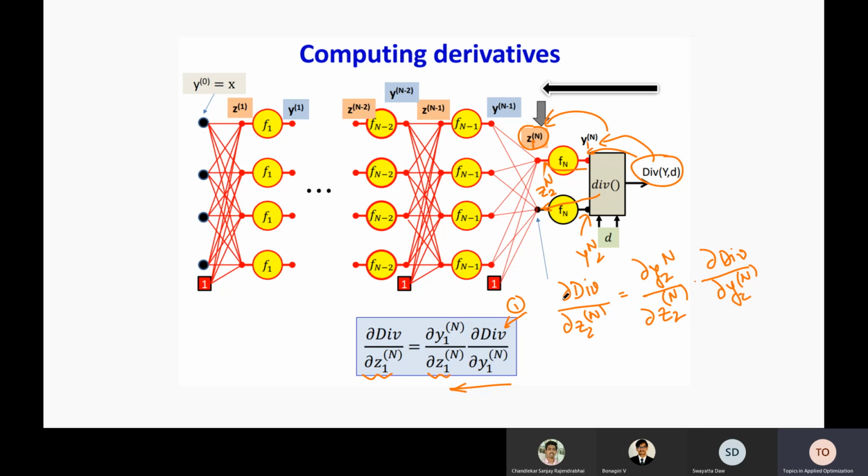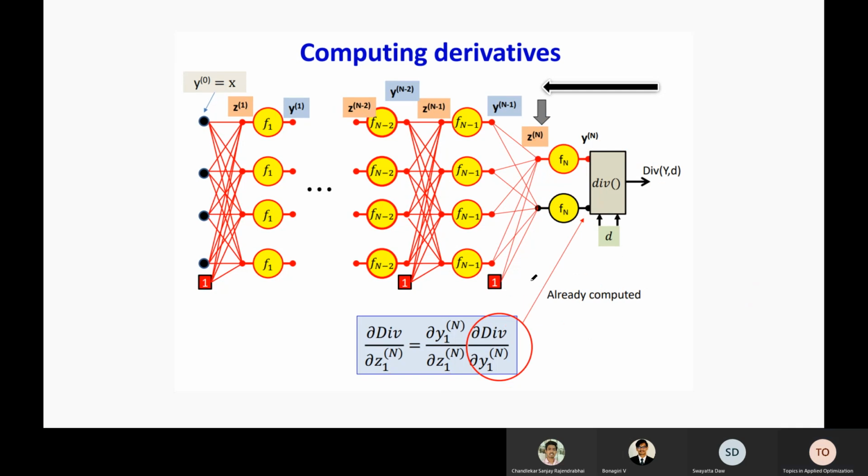Okay, so you saw that you could also compute the derivative with respect to this and this. So what do we see from here? What we see from here is that this guy has been already computed during the forward pass. Okay, so this guy has been already computed during the forward pass.